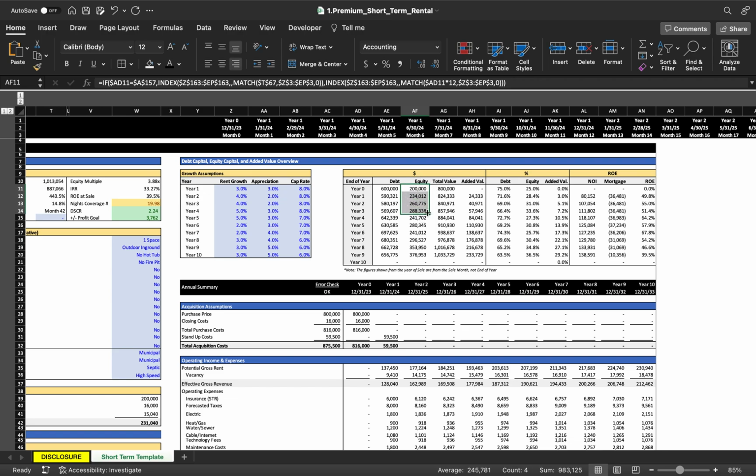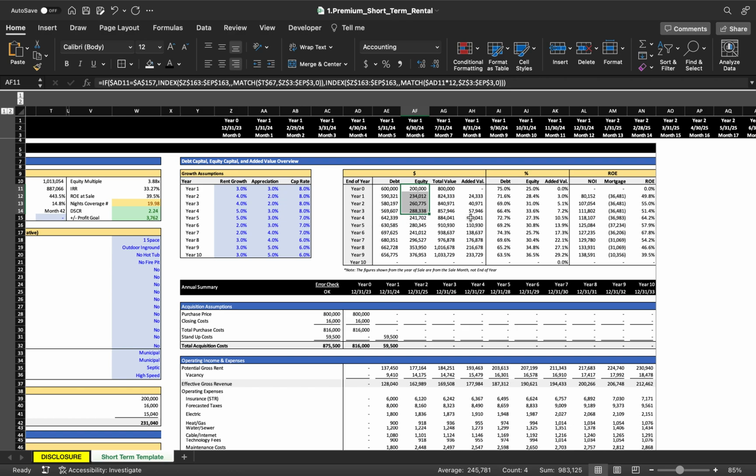You have 288,000 in year 3, and that's because, A, the value of the asset is appreciating, so that appreciated value is now considered your equity, but B, you're paying off some principal, so you're paying yourself, so you have less debt on the property and more equity.